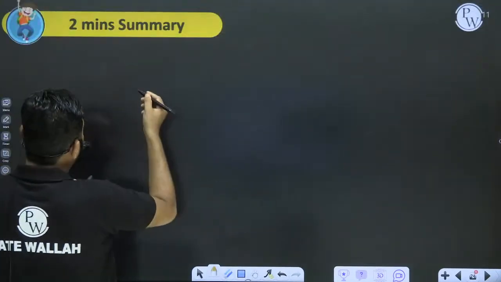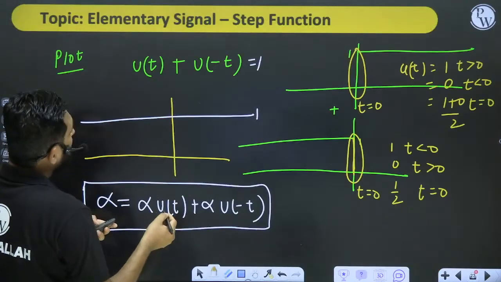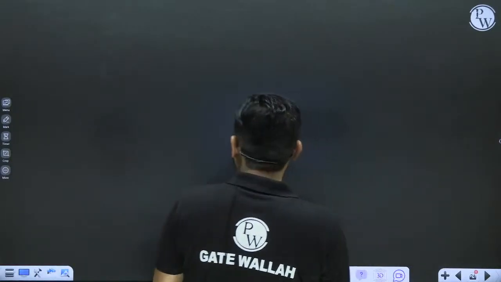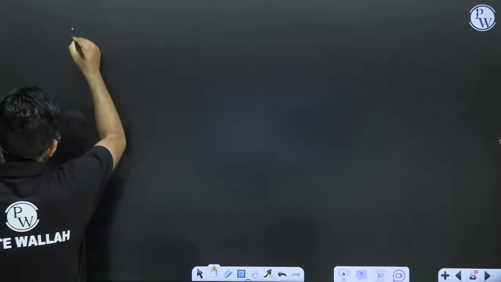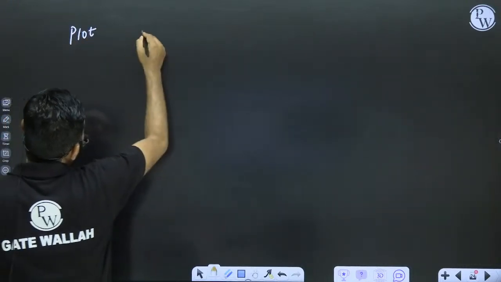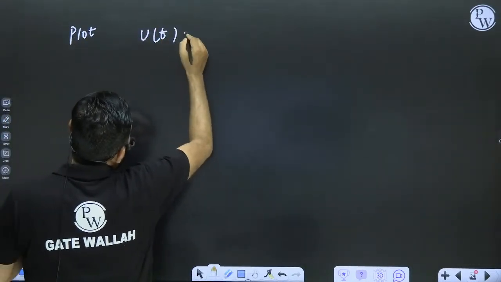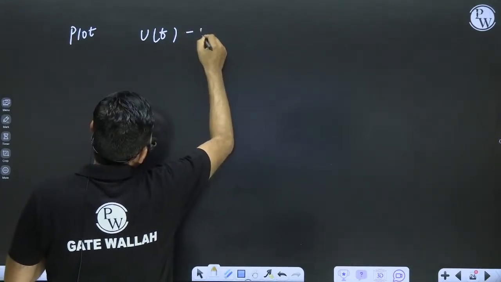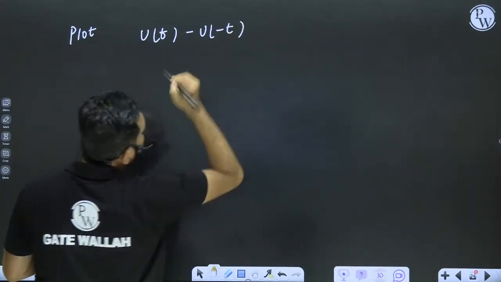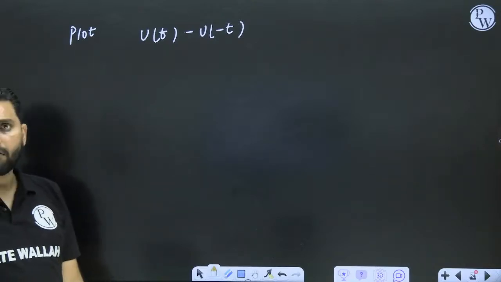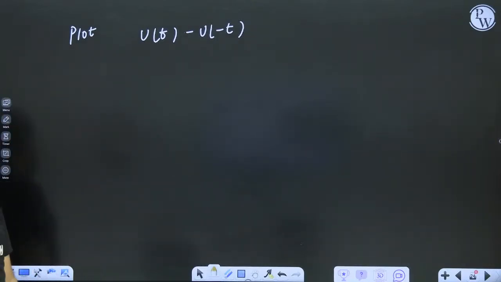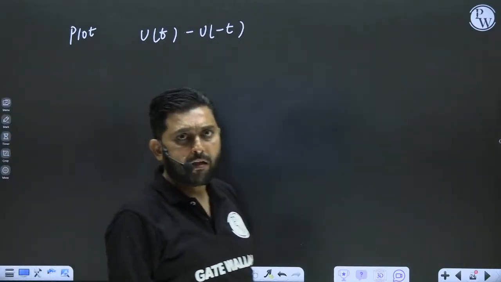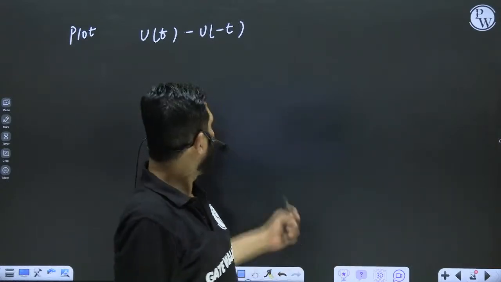See, what I'm doing is that instead of taking, let's say, plot u(t) minus u(-t).